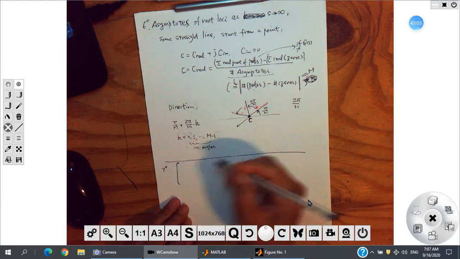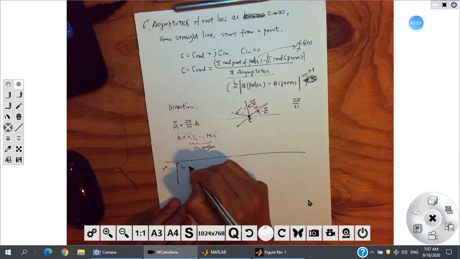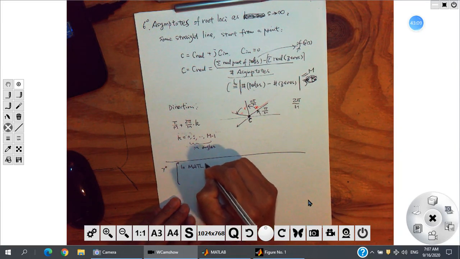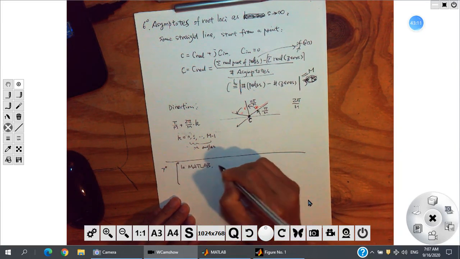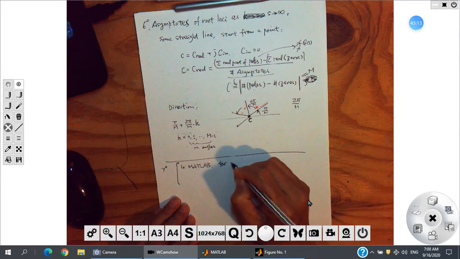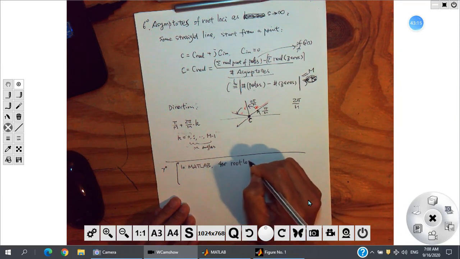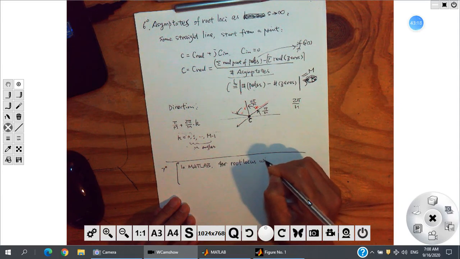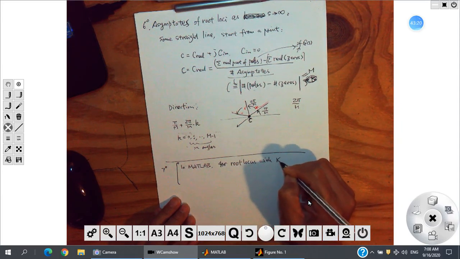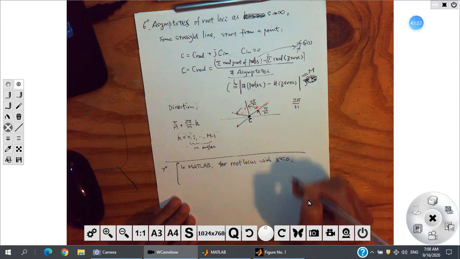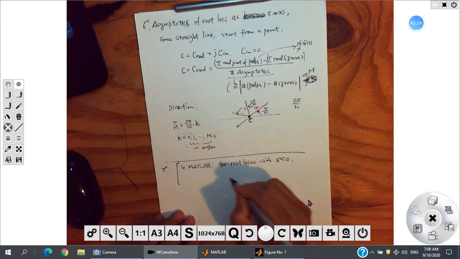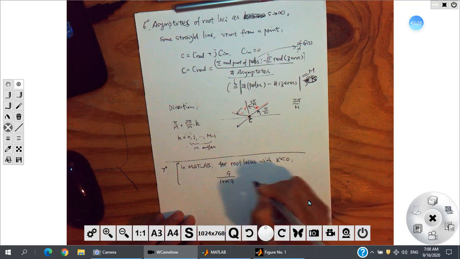I explain something in MATLAB. For root locus with k smaller than 0, we can think like this: g over 1 plus kg. Now k is negative, right?